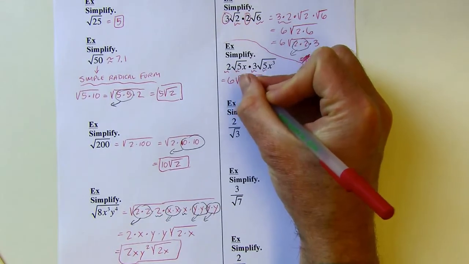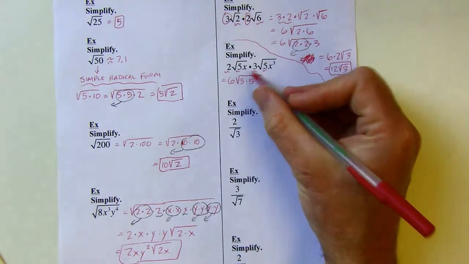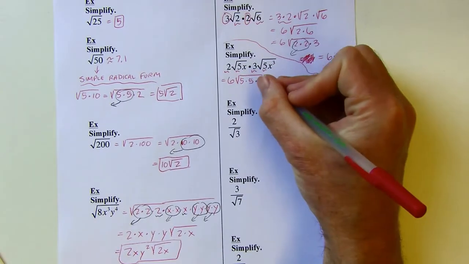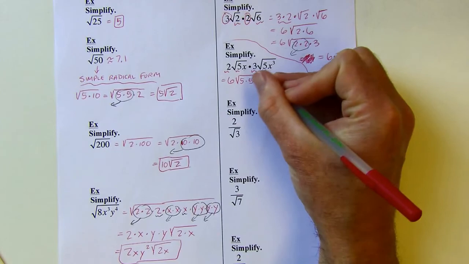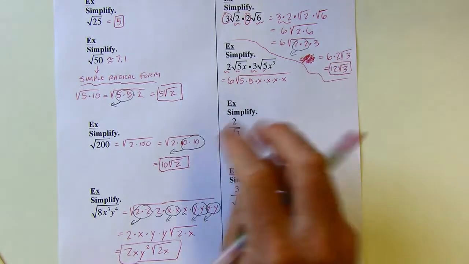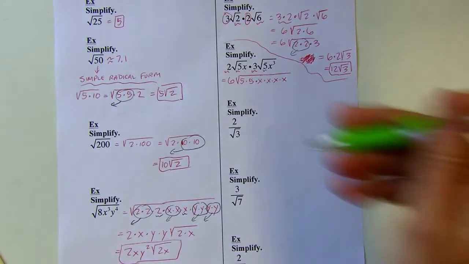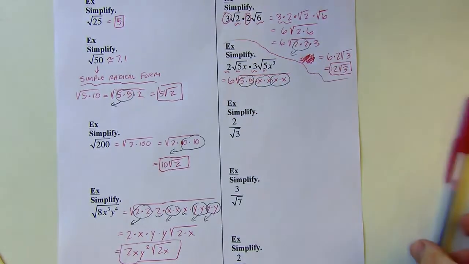And yeah, that's 25, but I'm just going to break it apart anyways, right? And then I've got 1x over here. And I got 3 more x's from the 5x to the third. So there's all the parts underneath the radical, right? I got 2 5s and 4 x's. Okay, and then I'll start looking for twins. There we go.